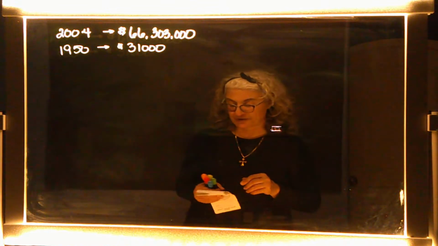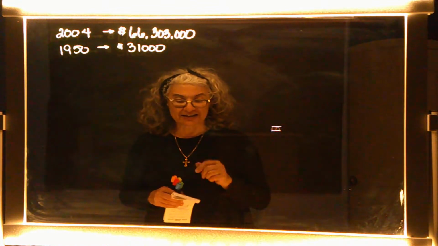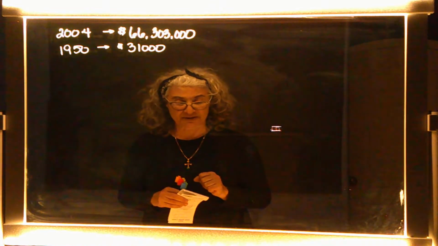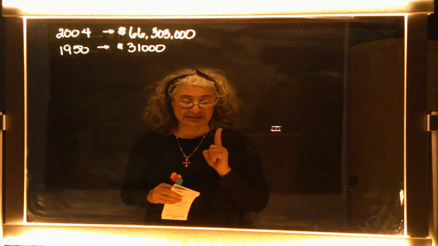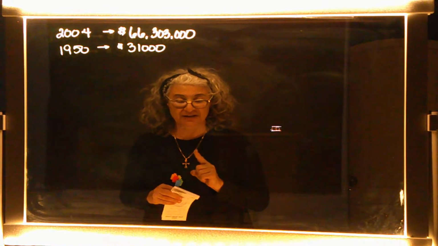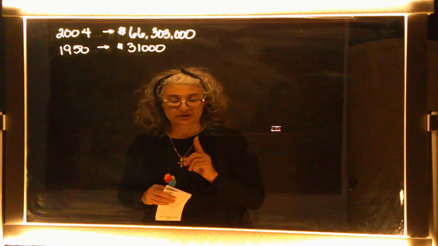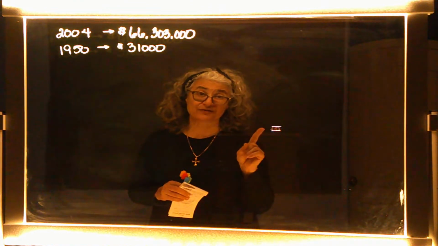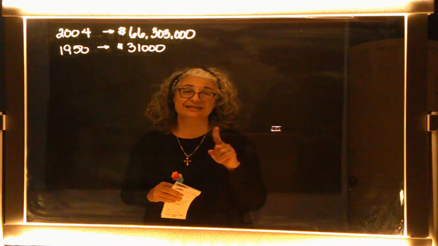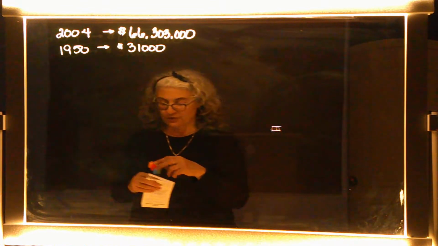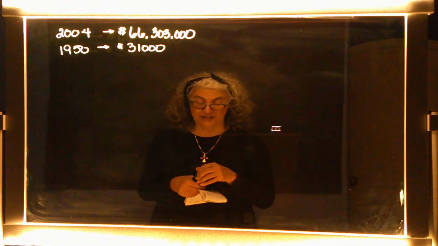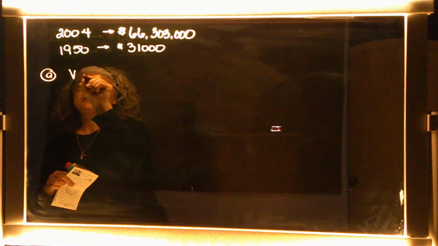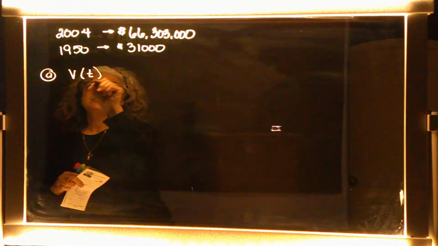So let's look at the first part they're asking us to find. They're asking us to find the exponential growth rate to 3 decimal places, and they want us to find the specific growth rate function v, for which the v of t is the painting's value in dollars t years after 1950. Okay, so they want us to find a growth model, right? And in this case, they're asking us to use v for value, and we're finding the value at time t.